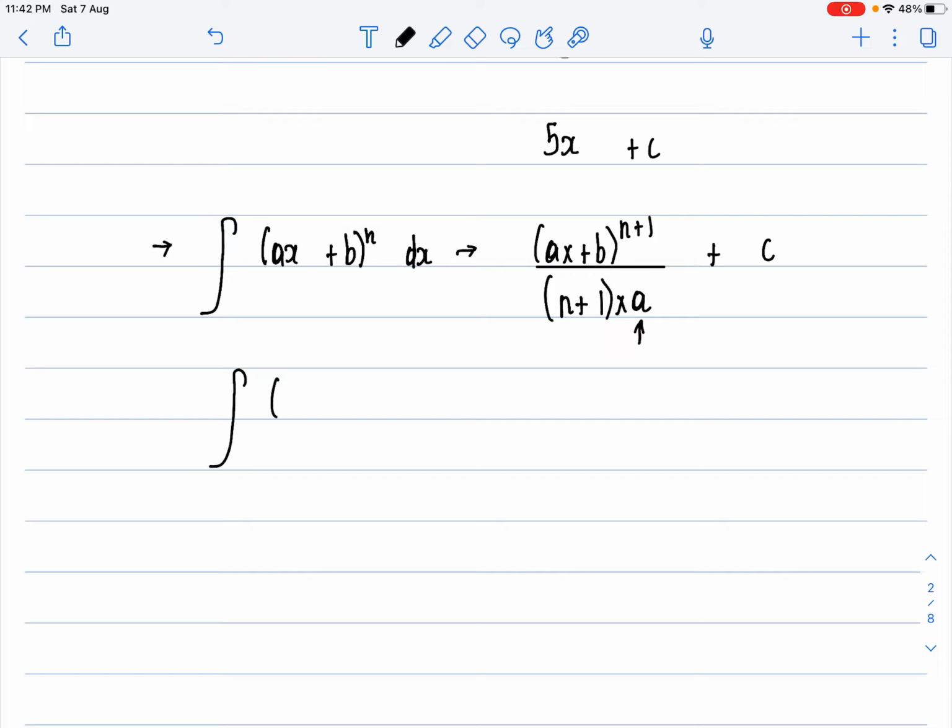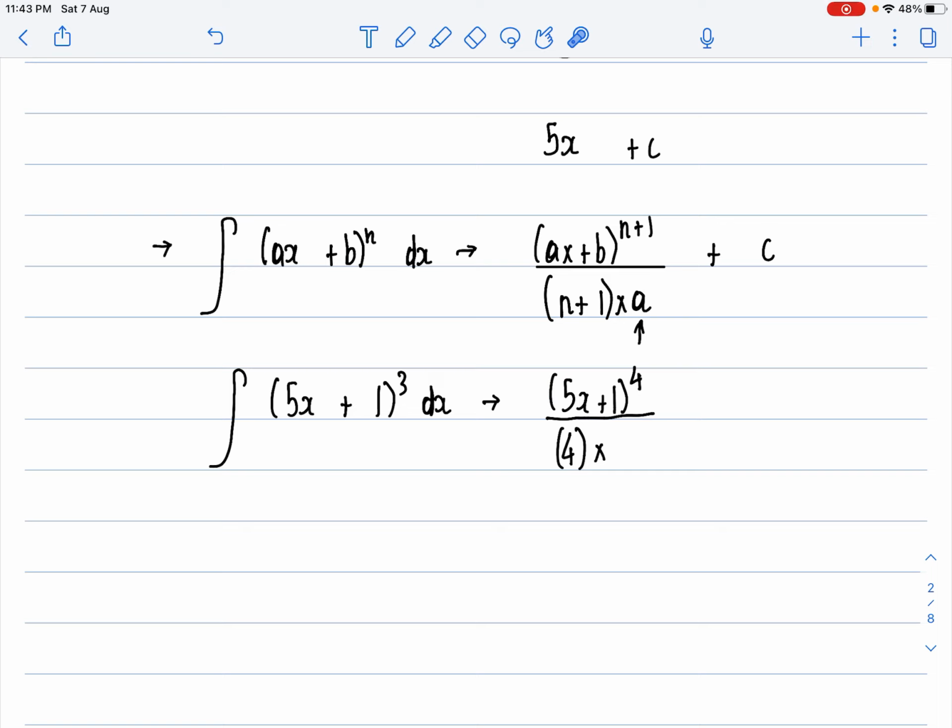An example can be 5x plus 1 raised to 3 dx. The integration of this can be written as 5x plus 1 raised to 3 plus 1, which is 4, divided by 3 plus 1, which is 4, multiplied by, the simple way to remember it, the coefficient of x, or you can say the differentiation of 5x plus 1.